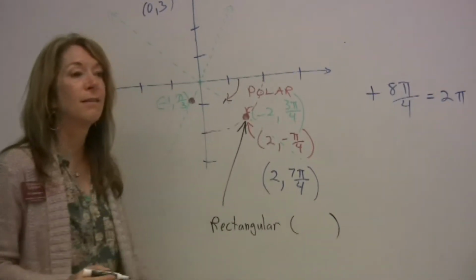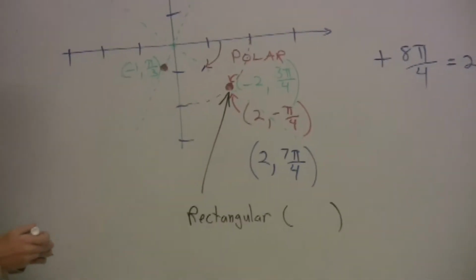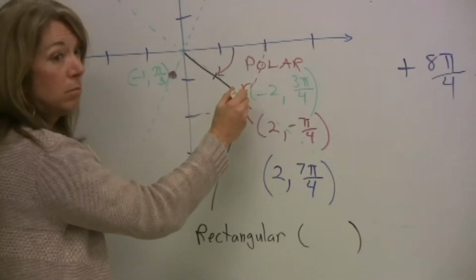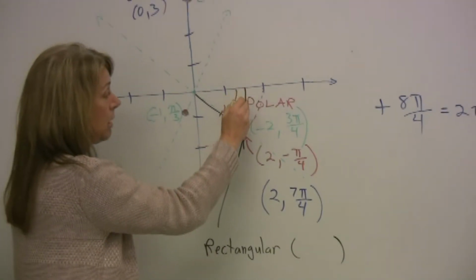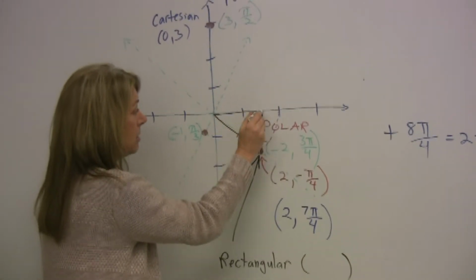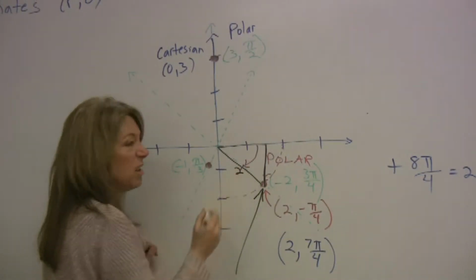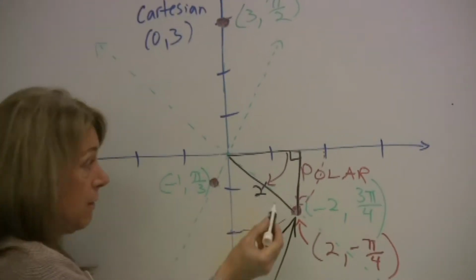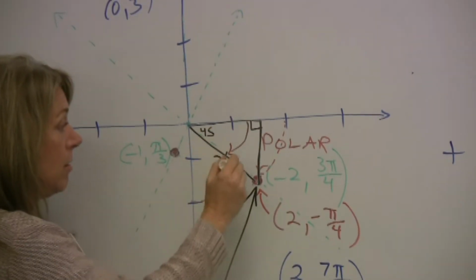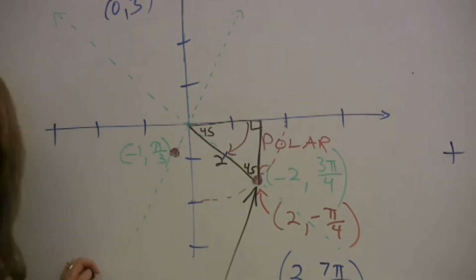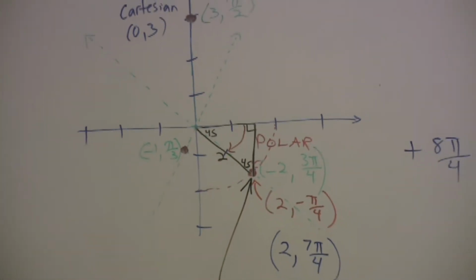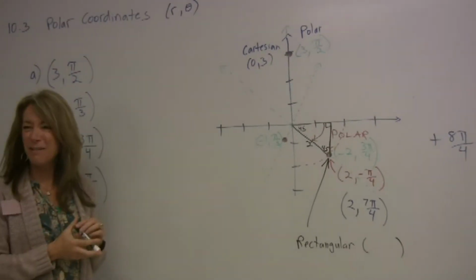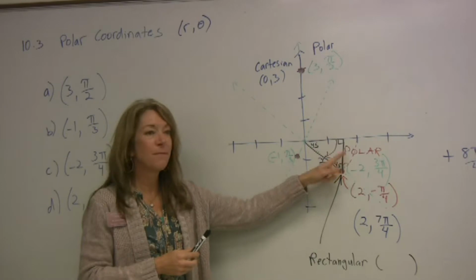A triangle. We know the hypotenuse is 2, and we're looking for this distance and this distance. It's a right triangle. And what are these angles? 45. Angle, side, angle. How are we going to find those? What do we know about these two sides?